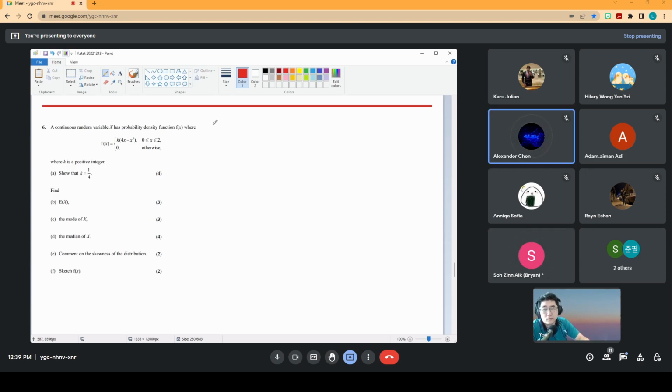So how should we start? Integrate k(4x minus x cubed) from 0 to 2 equals 1. Exactly. Since k is a constant, you can take it out. So this part here, you can plug it into your calculator. This is a 4, because it equals 1, so k equals 1 over 4.